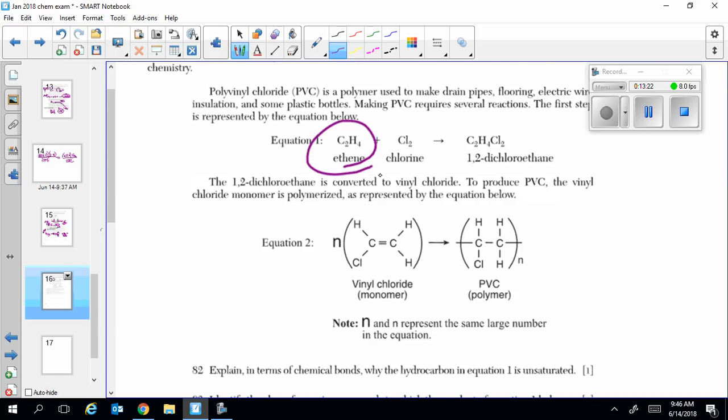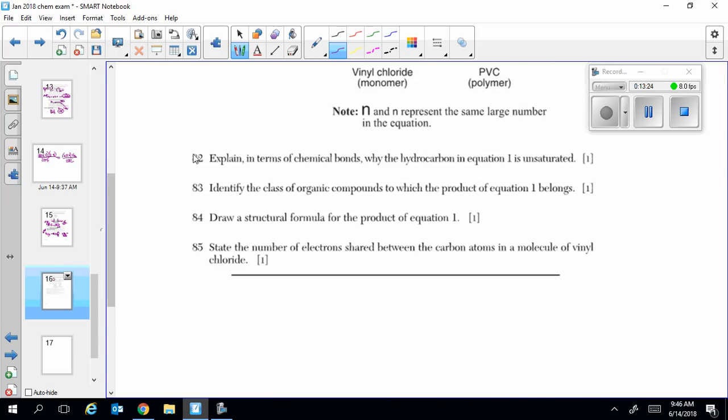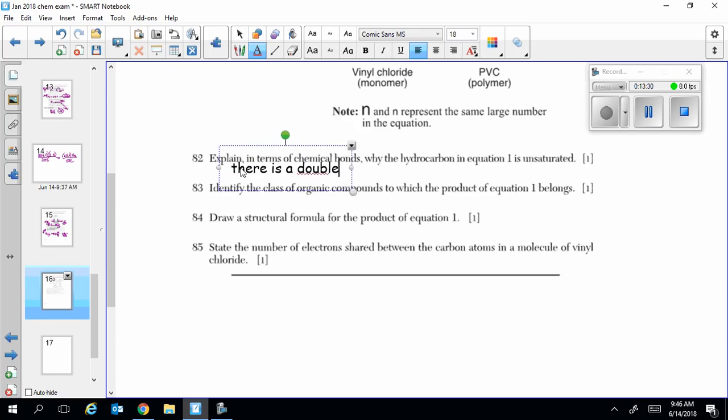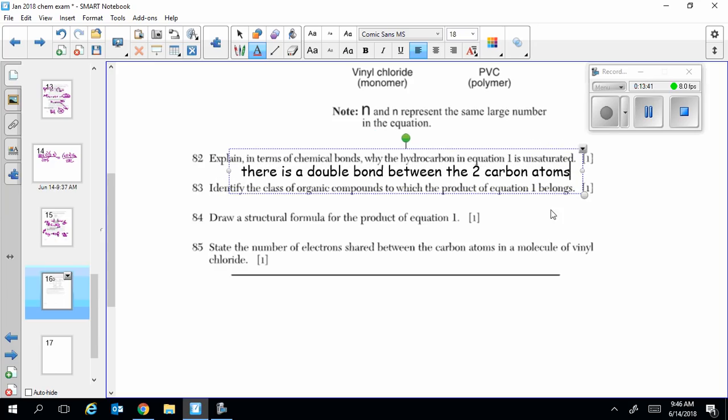So it is unsaturated because it has a double bond. There is a double bond between the two carbon atoms. So if something is unsaturated, it has to have either a double bond or a triple bond. I noticed that it was an ene, which would tell me it has a double bond.